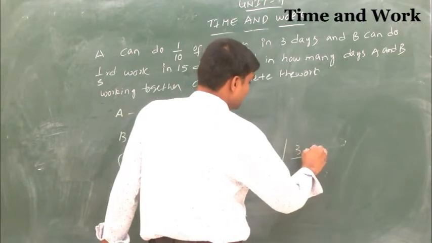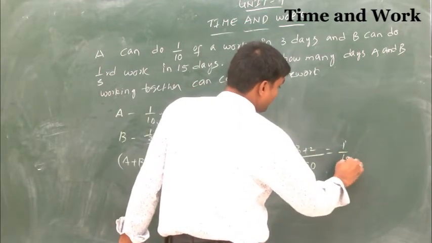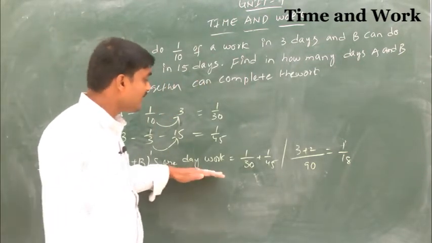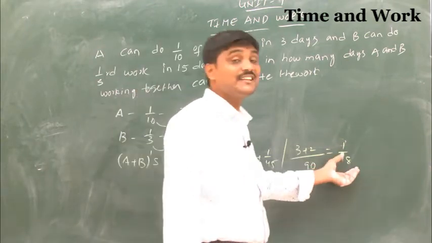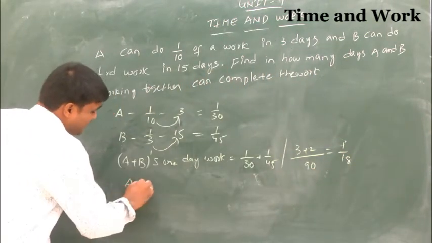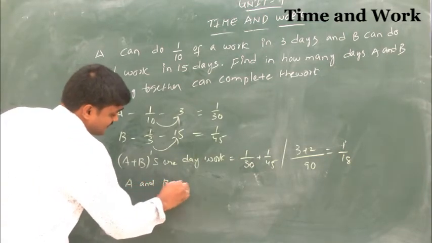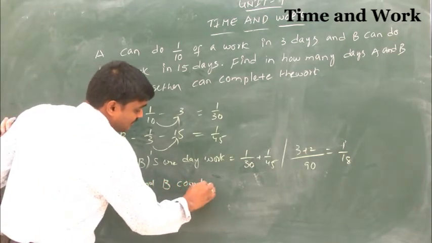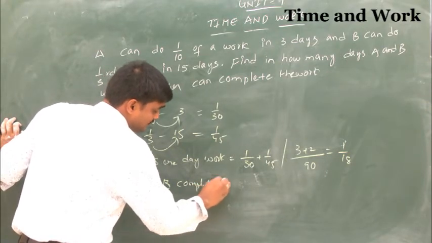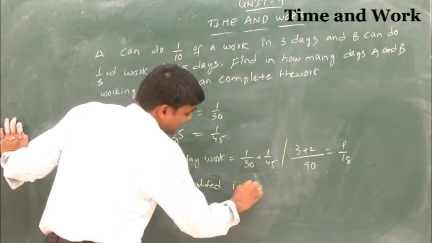So 3s are, 2s are, so 1 by 18. That means A plus B's 1 day work is 1 by 18th part of the work. So A and B completed in 18 days.